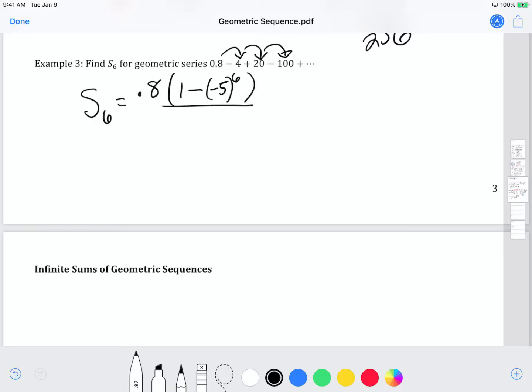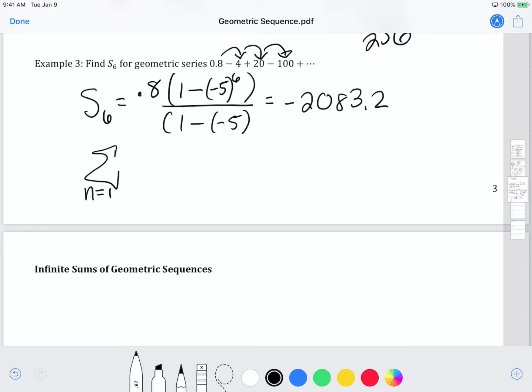And then I'm going to divide that by 1 minus r. So when I put that in on my calculator, I'm going to get -2083.2.